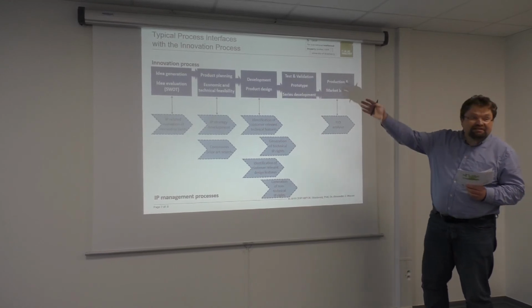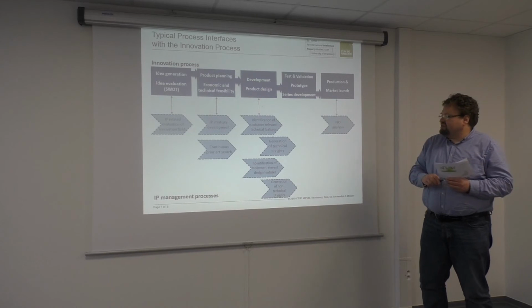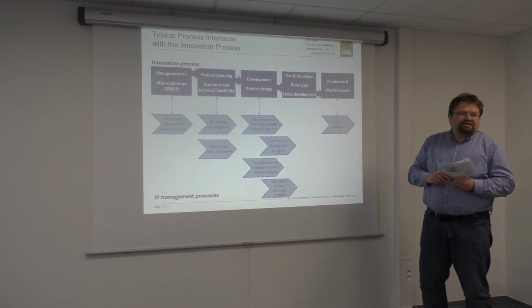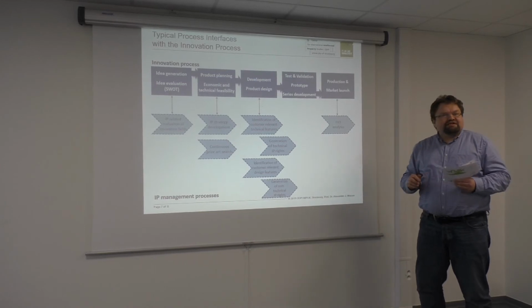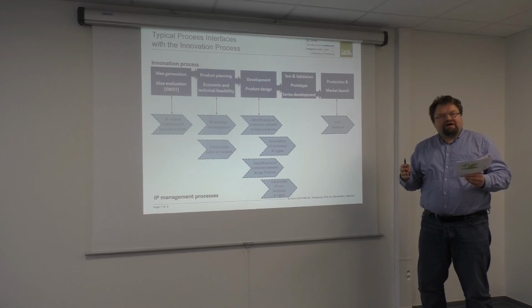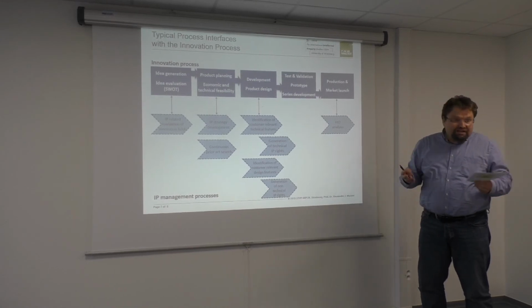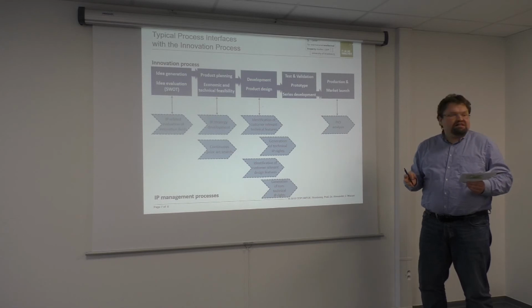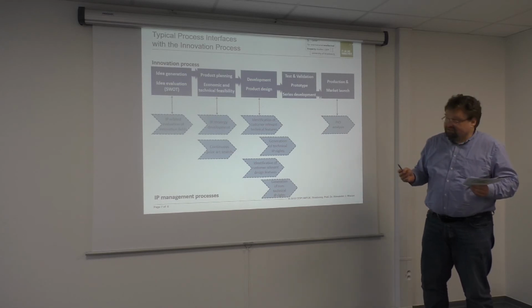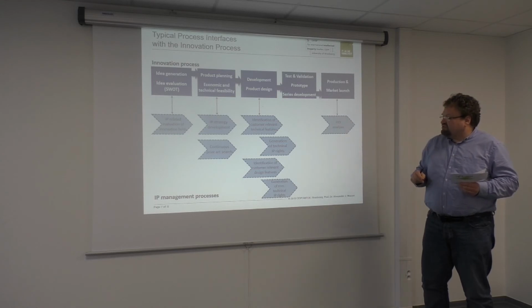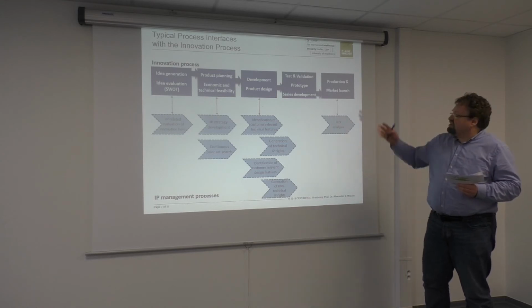And with the development of this IP strategy comes also a prior art search. This prior art search is not only related to prior art which is free, but also related to still living patents. So this would be the starting point of the prior art search.